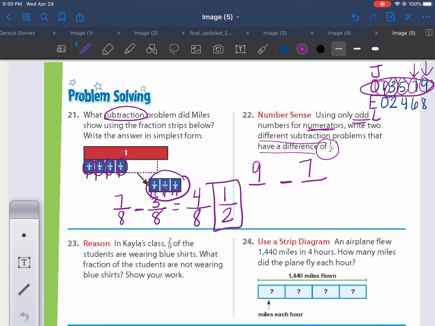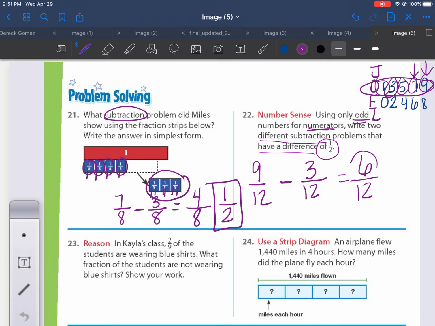And I'm going to go ahead and subtract. I'm going to do 7. So 9 minus 7 is actually 2. So remember, in order for it to be half, the number at the bottom has to be doubled. So I could do, that wouldn't work. So I couldn't do 7.